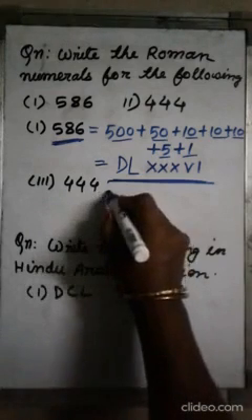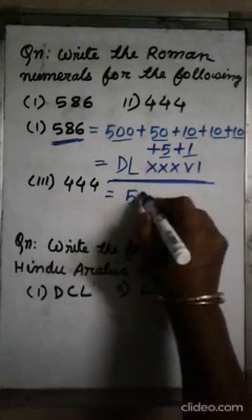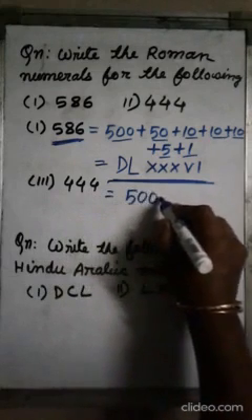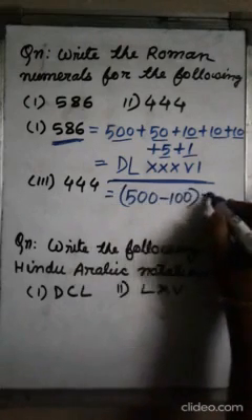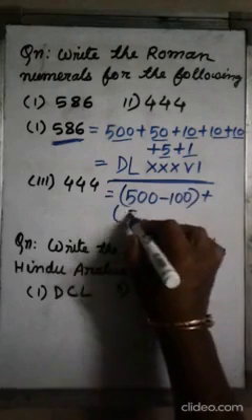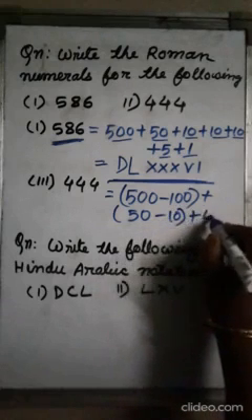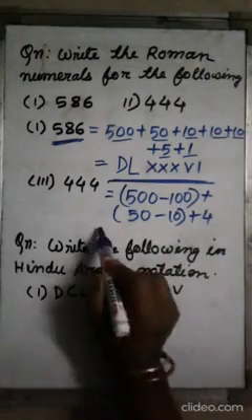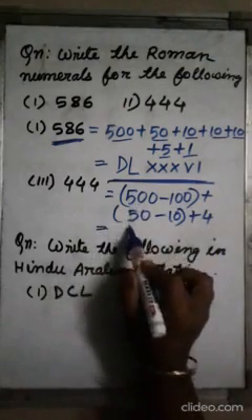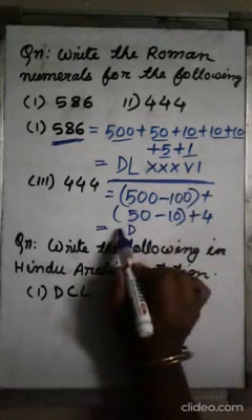For 444, that is 444 is 500 minus 100 plus 50 minus 10 plus 4. So 500 is D, minus 100.